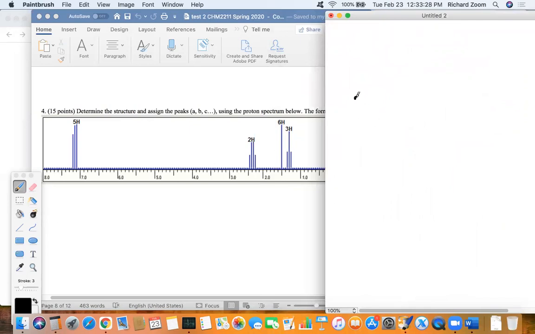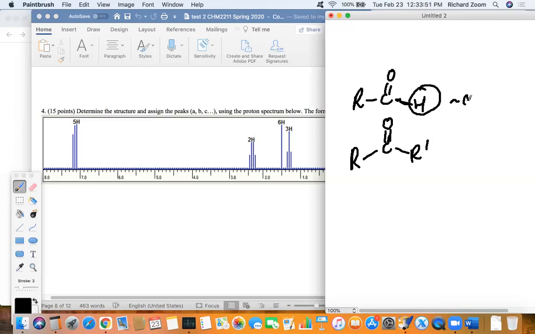Aldehydes have the formula of this, and ketones have the formula of this. The thing with aldehydes is that they have a hydrogen attached to a C double bond O, and that hydrogen will be at around 9 to 10 ppm as a 1H.